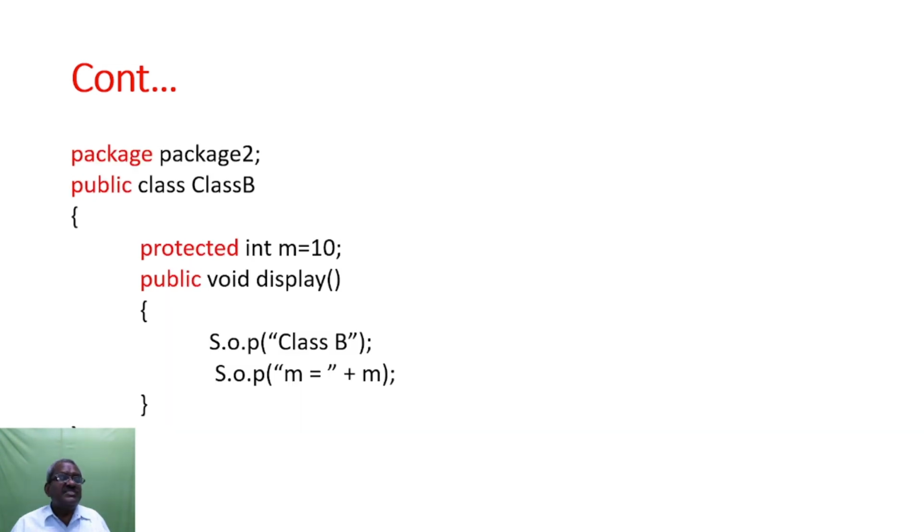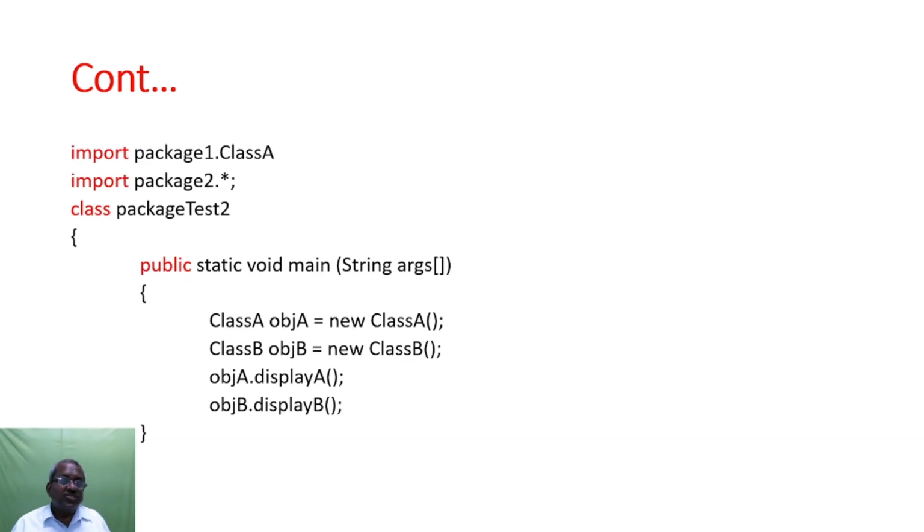So actually we have seen two examples. Package 1 we have created, and for that we have created a main method class. The same thing, package 2 we have created.